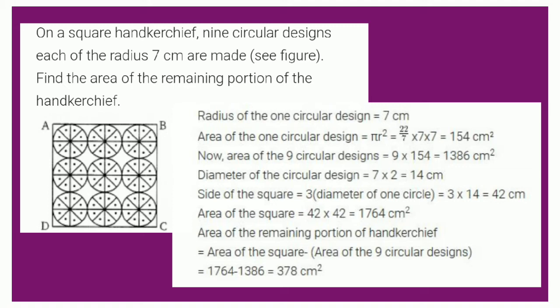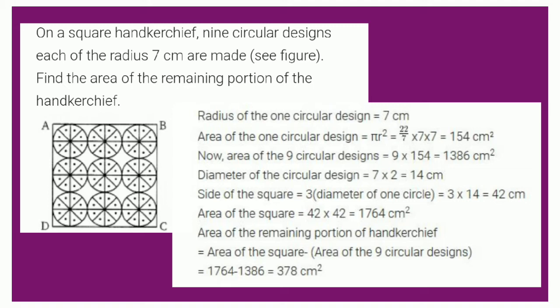Then next we have to find the area of the square. For this we need the side of the square. So already we know diameter of the circular design is equal to 7 into 2, that is double of 7, that's equal to 14 centimeter. Then from the figure we can find that side of the square is equal to 3 into diameter of one circle, that is 3 into 14.